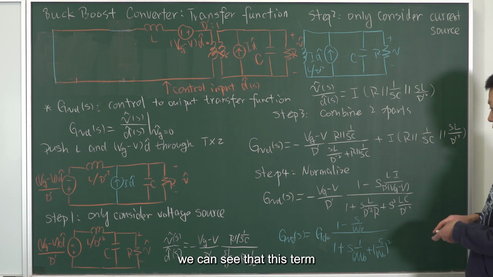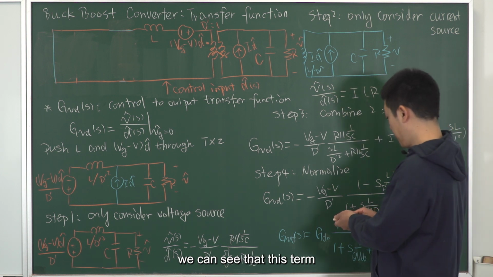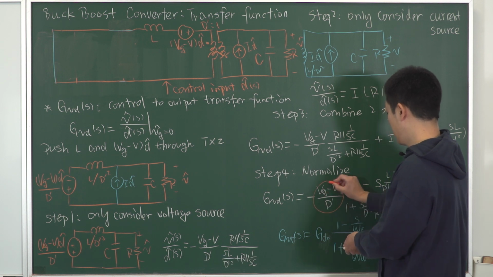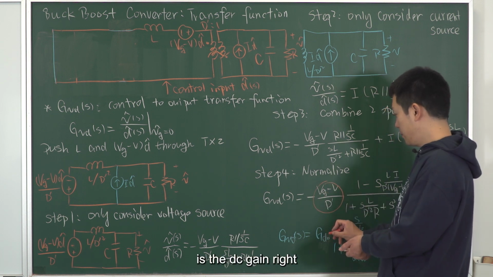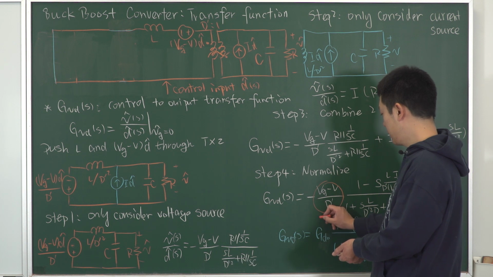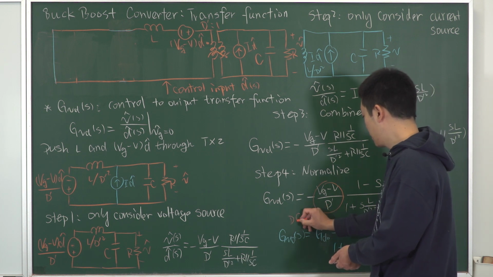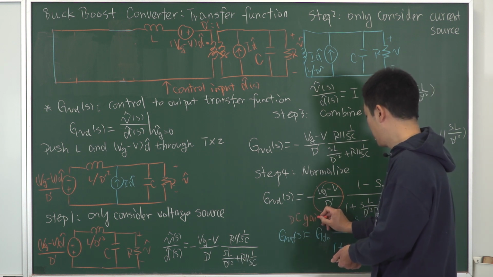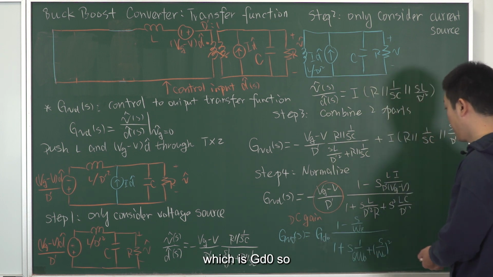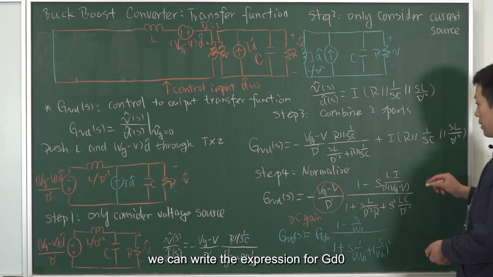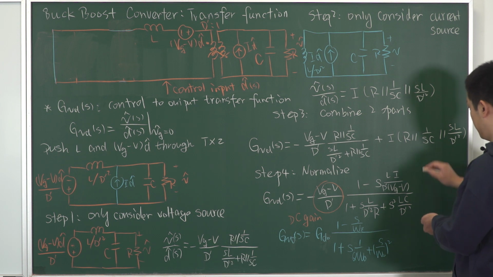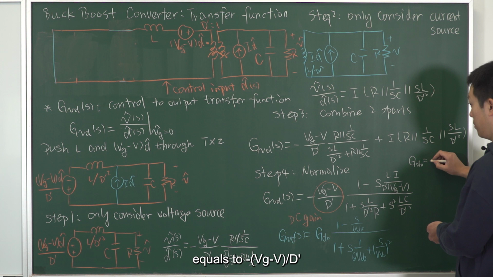So we can see that this term is the DC gain, which is GD0. So we can write the expression for GD0 equal to minus Vg minus V over D prime.